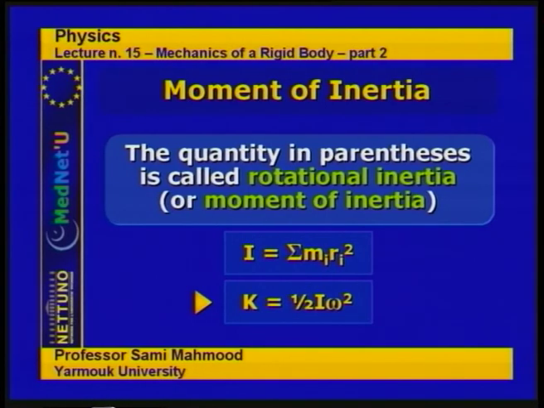And this way, if we are concerned with the rotational kinetic energy of an object rotating with respect to a certain axis of rotation, we can evaluate that kinetic energy if we know the axis of rotation with respect to which we can calculate the moment of inertia, or if we are given the moment of inertia directly, and if we know the angular speed of that rotating object, then we can directly calculate its kinetic energy of rotation.